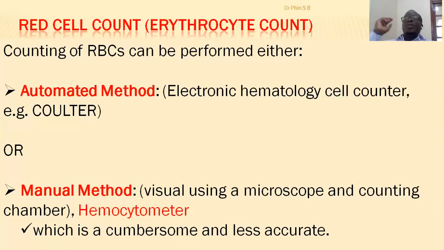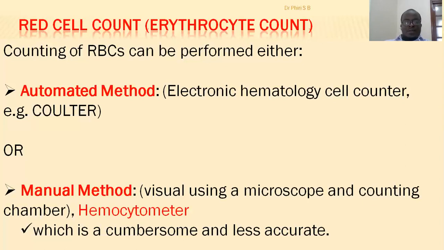The machine will do the counting for you. It will give you absolute values for red blood cells, white blood cells, and blood indices. So you have all the information to help you come up with a diagnosis if there's a disease.